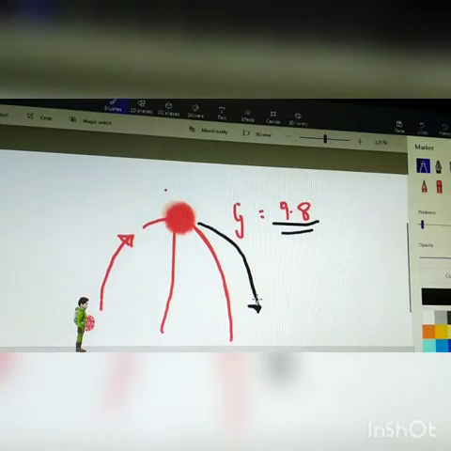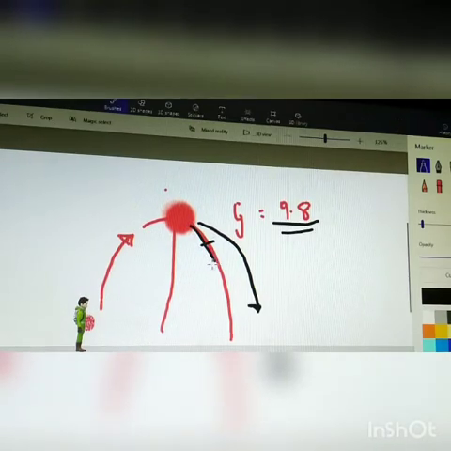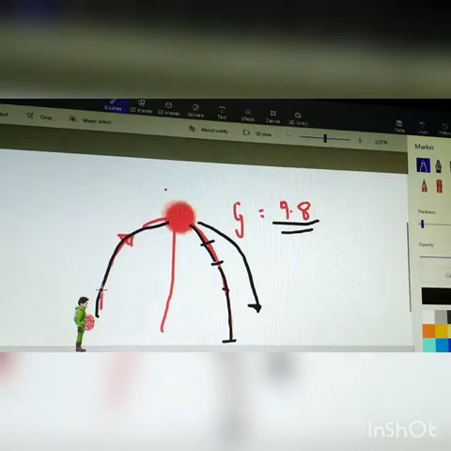This means that every second it will gain a speed of 9.8 meters per second. It will keep increasing till it reaches the ground. When the ball is thrown up, its speed will decrease if there isn't any further acceleration from the starting point.